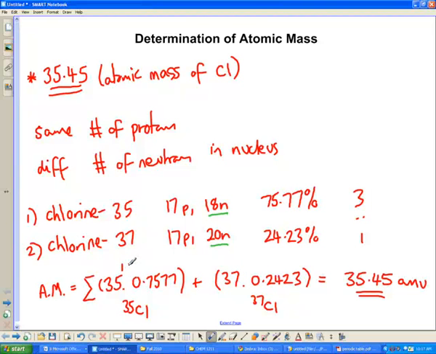All you do is this is isotope number 1, this is isotope number 2, and you just keep on going until you've figured out the weighted average of all the isotopes, and add them all up together, and that gives you your answer. Essentially that is how we figure out the atomic mass of any element.